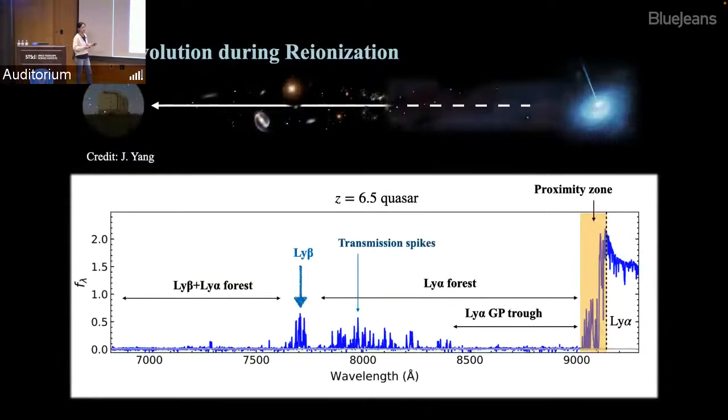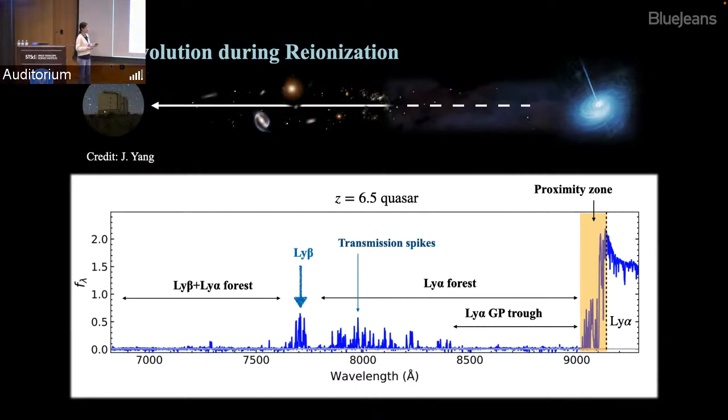I will show some examples of how we can use these high-redshift quasars to study the early universe. The first one is IGM evolution during the reionization epoch. As I showed before, there is a typical quasar spectrum with a Lyman-alpha line and continuum emission. However, at high redshift, the bluer part of the spectrum shows significant features absorbed by the neutral hydrogen in the intergalactic medium.